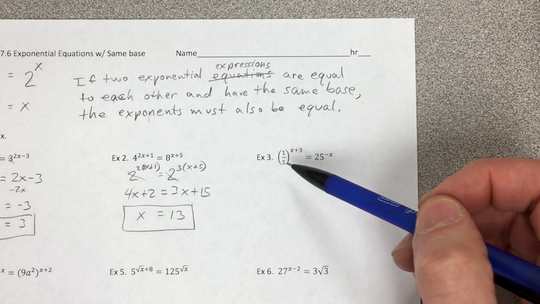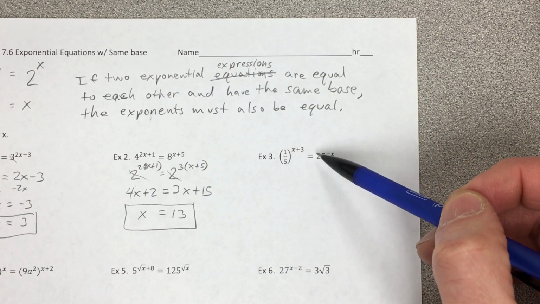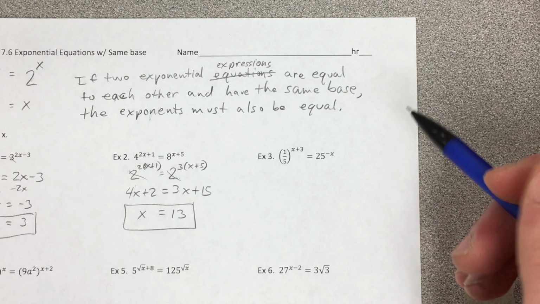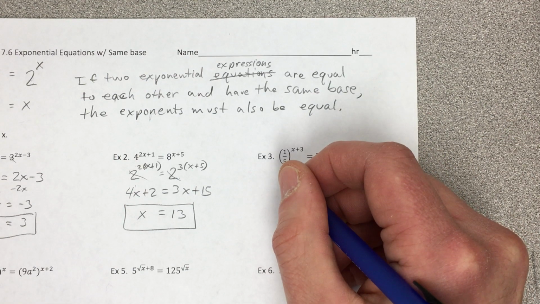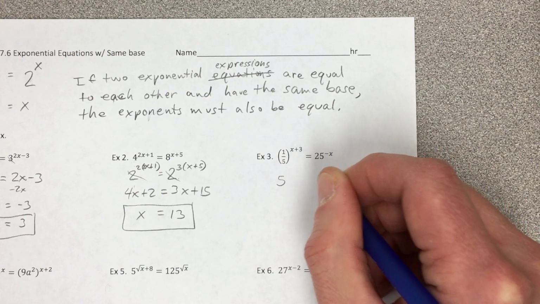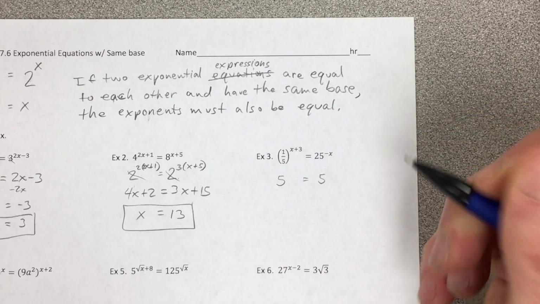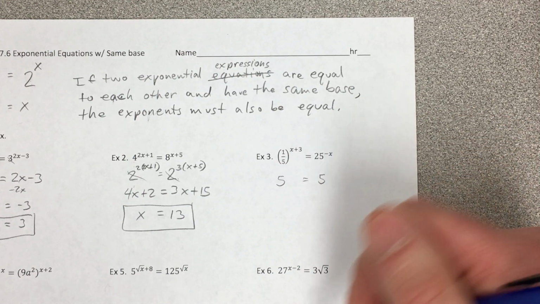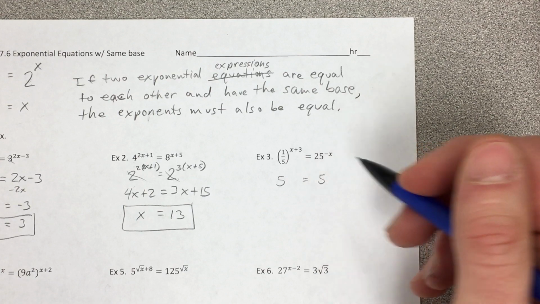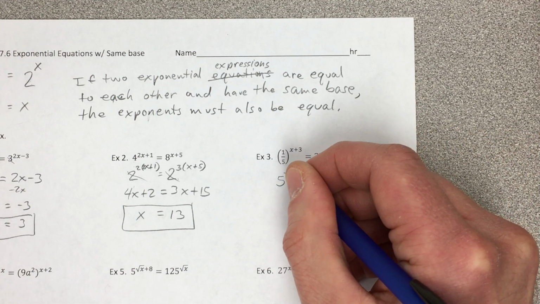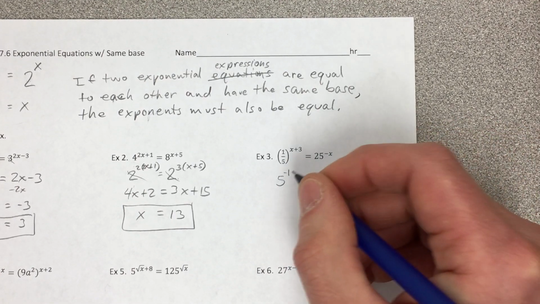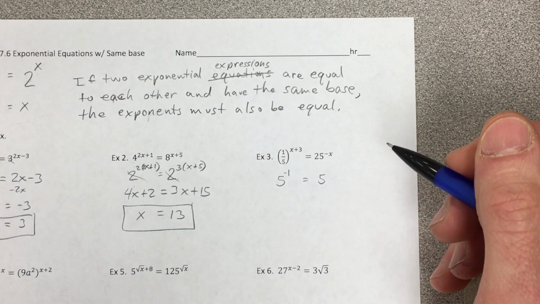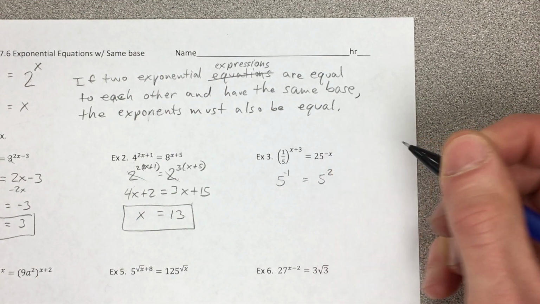But it might be easier to look at these and think, well, what base would be common to both of those or be easily used to write both of those? And I'm thinking a base 5 would be good. For example, 5 to what power would get you 1/5? Well, 1/5 is 5's reciprocal. And a -1 exponent will make 5 its reciprocal. Okay, 5 to what power will get me 25? Well, that'll be 5 squared.